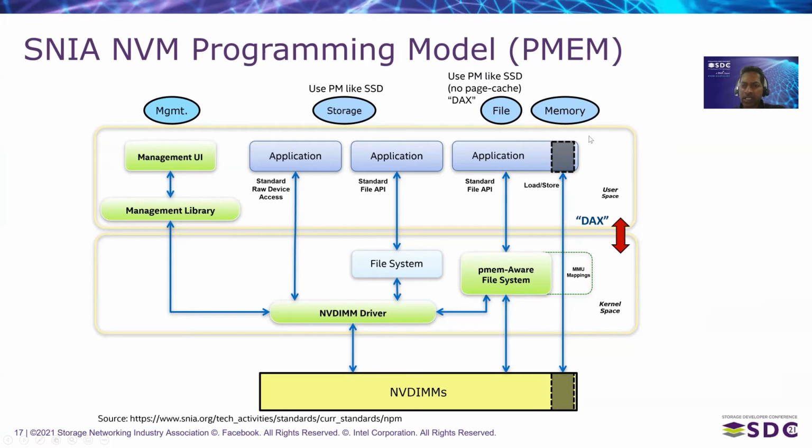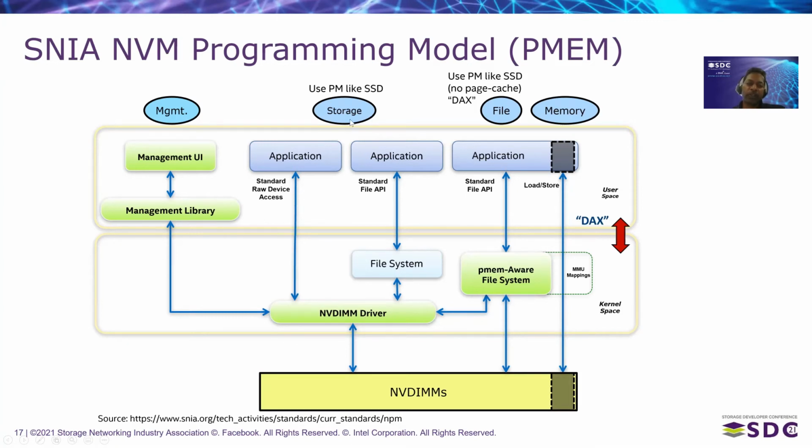Last but not least, if an application wants to take advantage of the last ounce of performance and latency attributes of the NVM media, it can use the load store API and directly manage the read and write from the NVM media without incurring the latency penalty that the kernel brings onto the table.